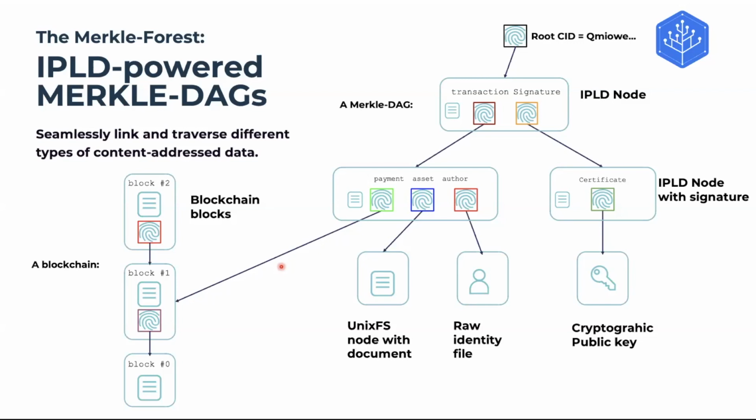Let me ask a different question. How do you let the world know about the binding between what you added and where it is, the location? Right, so for this you have a provider record, and the provider is basically the machine, the IP address of the machine where you're hosting the file.